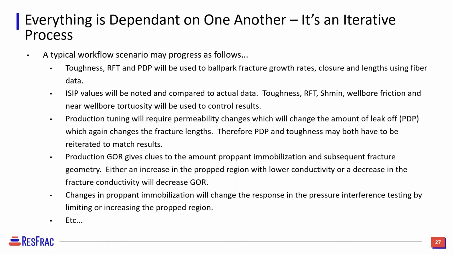Well, the production required a permeability change because the permeability provided wasn't right. So I increased my permeability by 5x. Well, that's going to shorten my fracture geometry. So now I got to go back, adjust my toughness, my RFT, my PDP to make sure that the permeability change, which also increased my closure rate, is all back in the same ballpark.